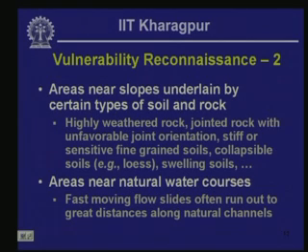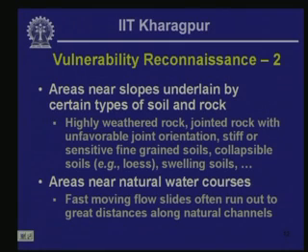Then areas near slopes underlain by certain types of soil and rock: you just look at the bedrock geology or near surface geology map, or soils map, and if you see the presence of certain types of rock and soil, a list of which we have already looked at and which is indicated here in this slide.